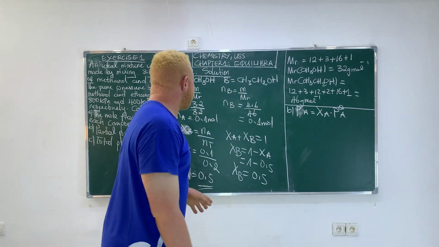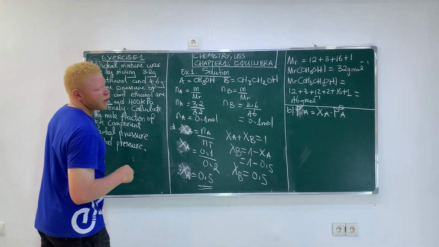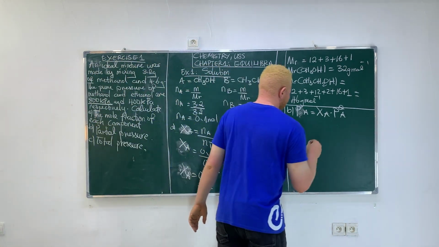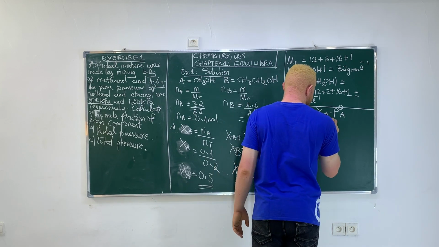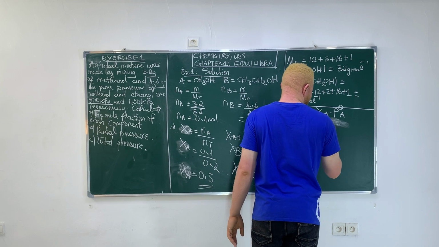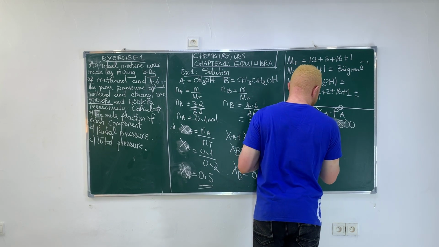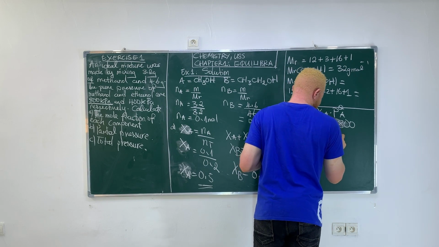The pure pressure of methanol has been given to us as 800 kilopascal. So it's 0.5 times 800, which equals 400 kilopascal.